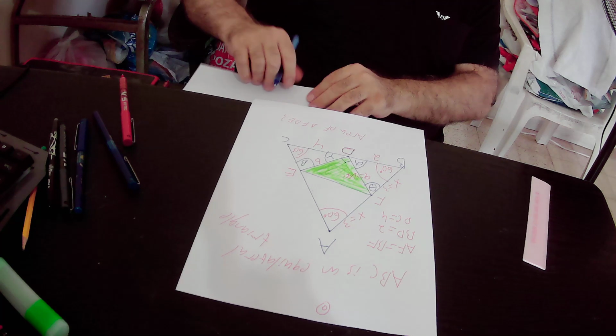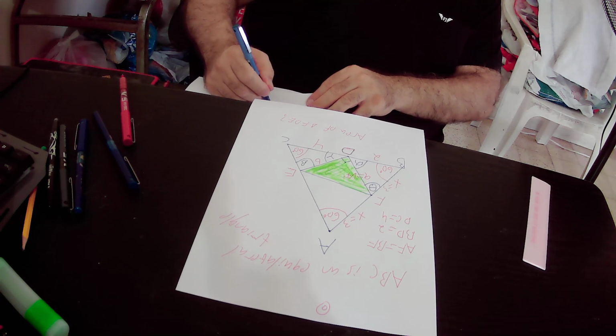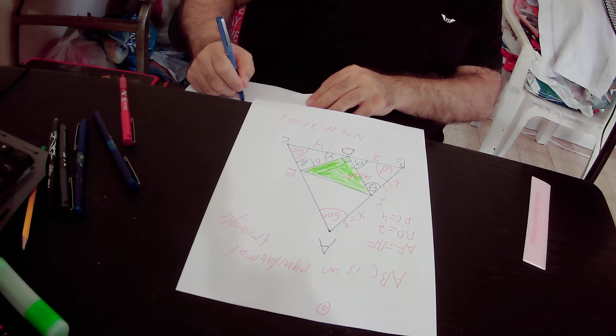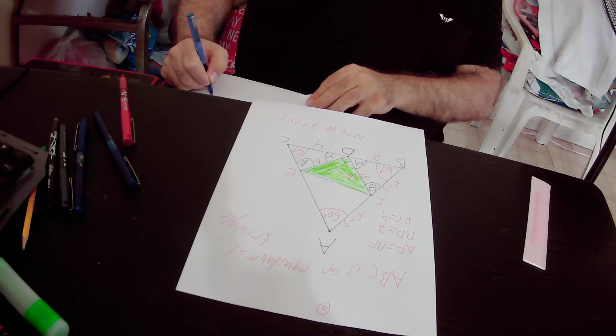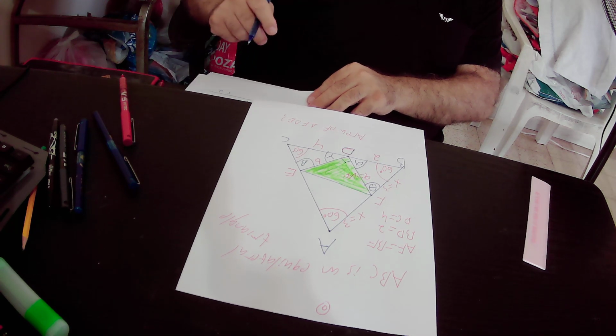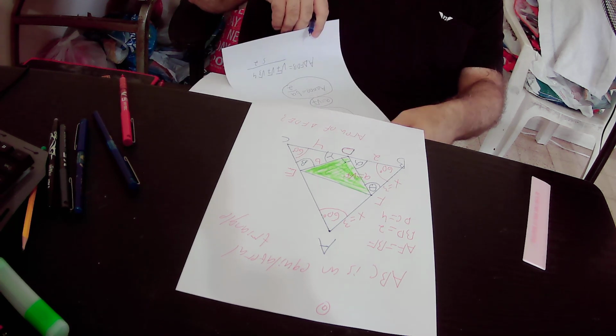So the area of the green triangle FDB equals root 7 times root 7 times root 3 times 4 over 5 over 2.